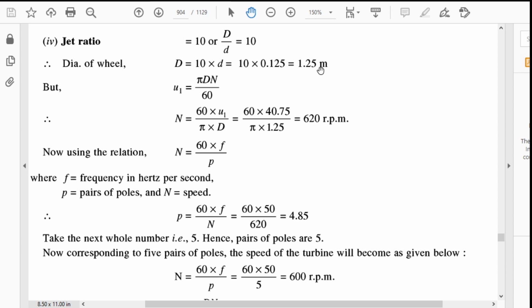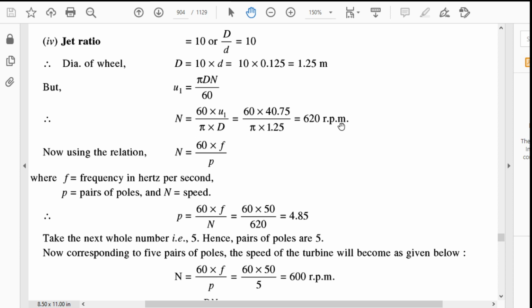Now by using U1 we have to find out the RPM for this jet ratio. For this diameter of wheel, the N, that is speed, will be 620 revolutions per minute. This is for the diameter of 1.25 meters.